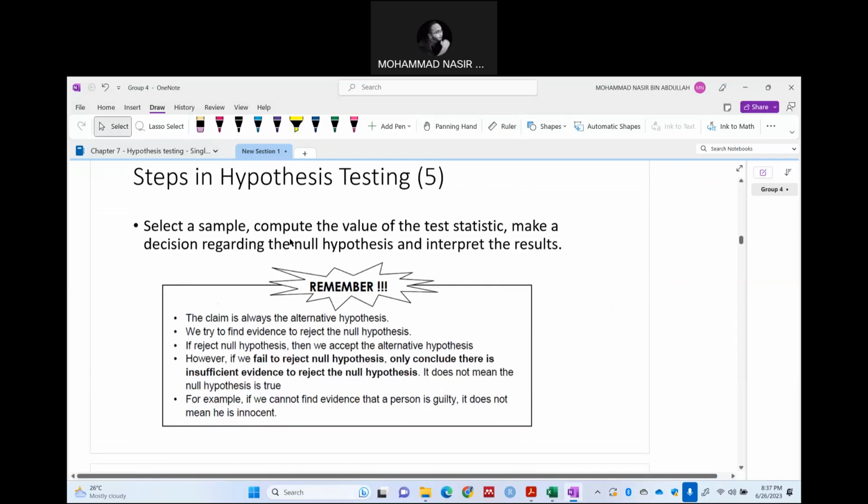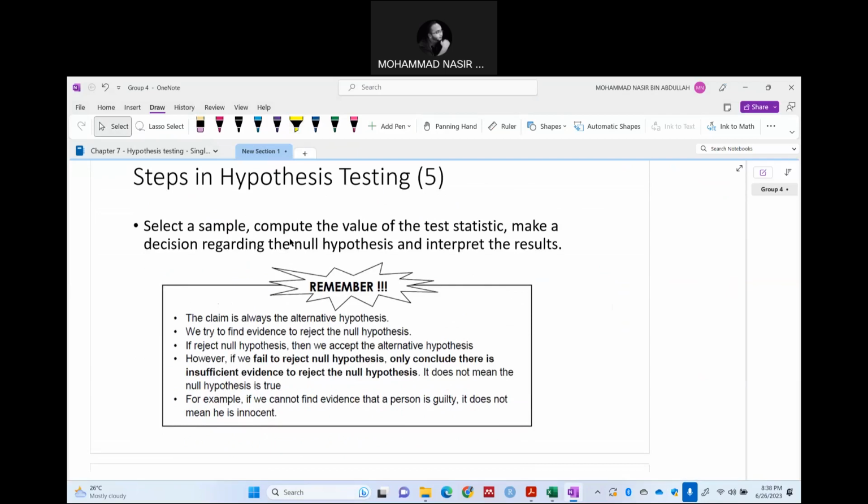So in hypothesis testing, to test the claim, we need to select a sample from the population and measure the sample statistical value, right? And test the statistical value based on statistical tests. So the claim is always the alternative hypothesis. This you need to remember.